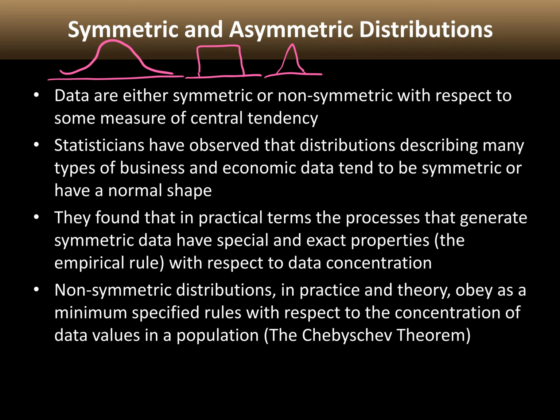If you have asymmetry, something that looks like this, where you have skewness, or like this, then you have asymmetric distributions. So how do you know? Well, you plot the data, or you might know the shape based on past studies.